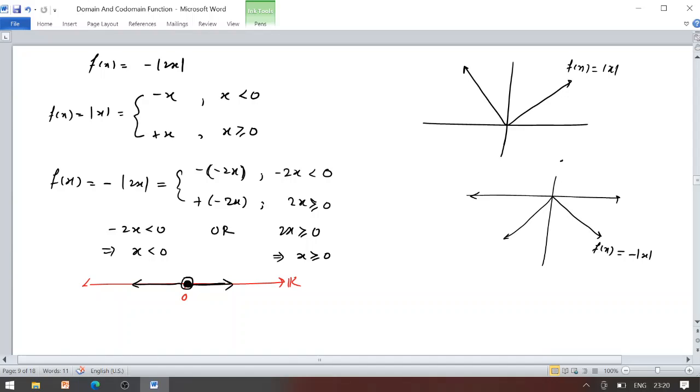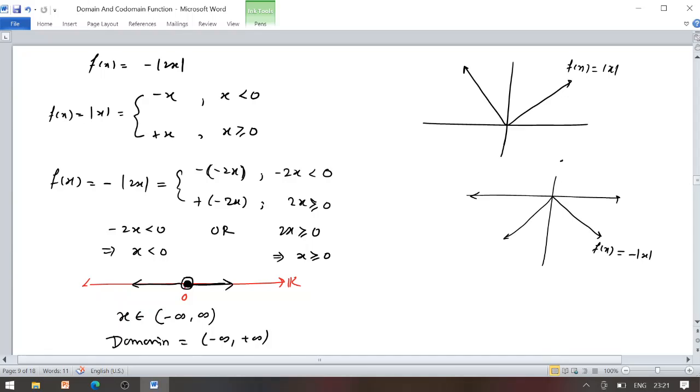So the union of both becomes the open interval minus infinity comma infinity, the set of all real numbers ultimately. That means x belongs to this. So the domain of the given function is the open interval minus infinity comma positive infinity.